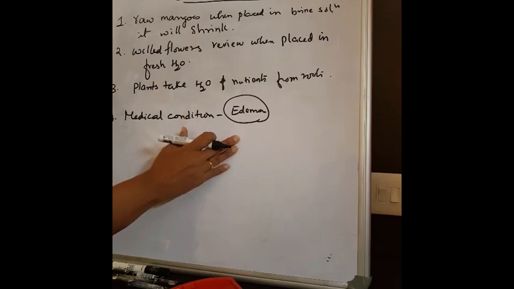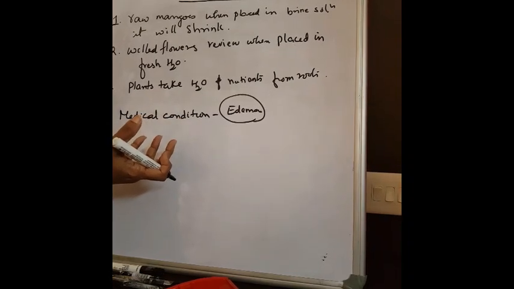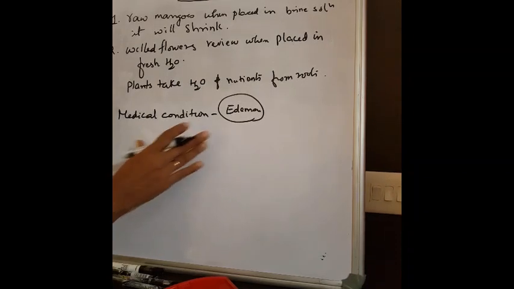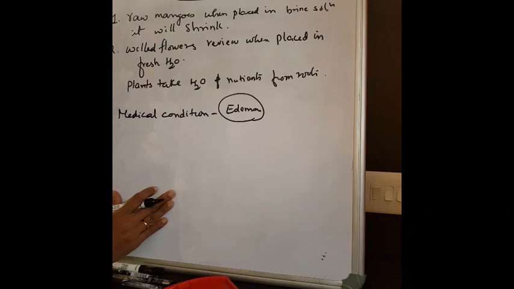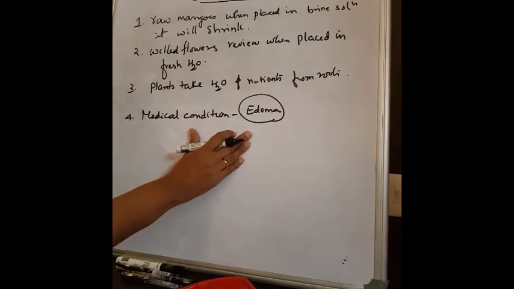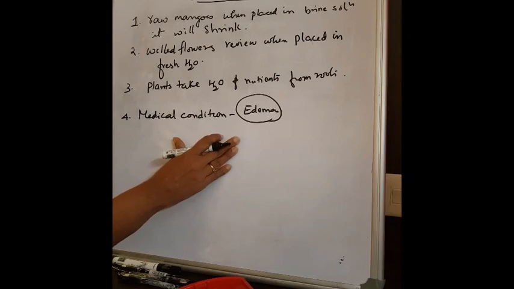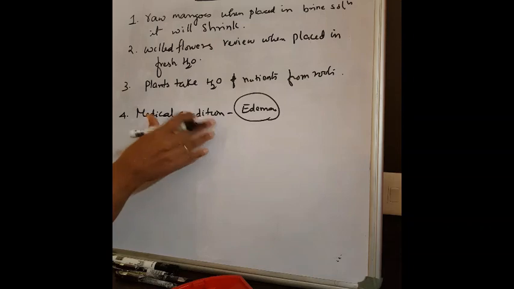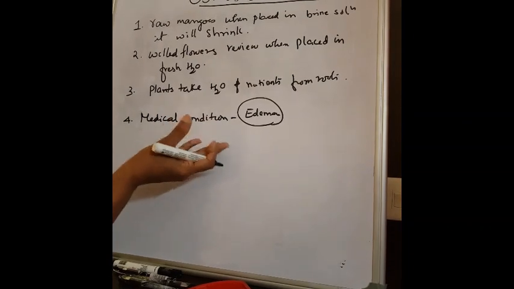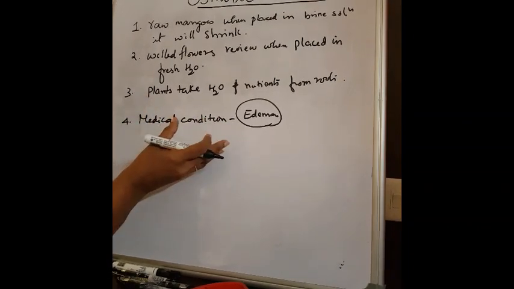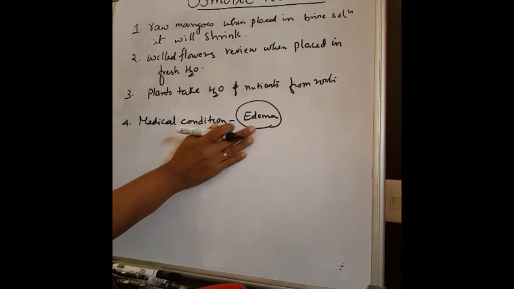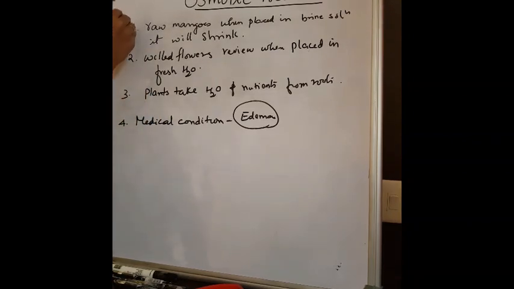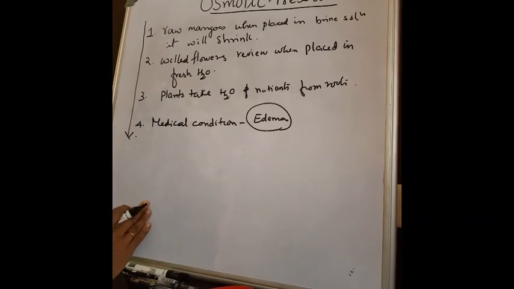Edema is nothing but the swelling or puffiness due to the water retention in tissues and intercellular spaces, or the fluid is getting into the tissues or into the intercellular spaces, making them swell. So this can also be explained in terms of osmosis. These are the certain phenomena which can be explained by means of osmosis.